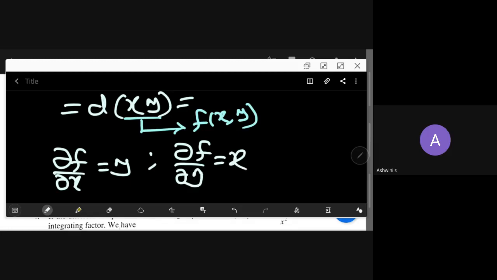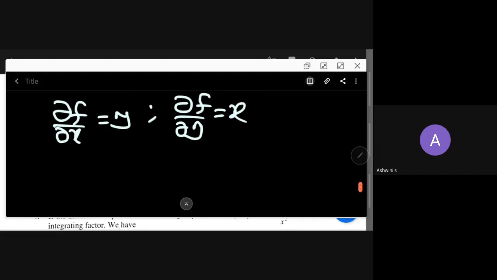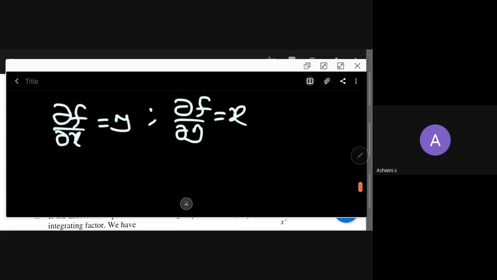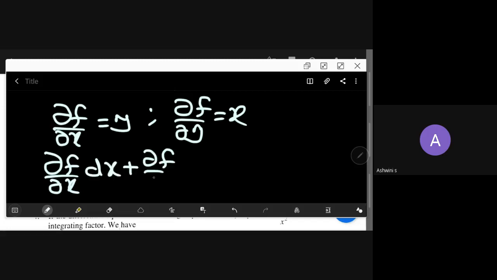So we are talking about ∂f/∂x into dx plus ∂f/∂y into dy. This is coming as y dx plus x dy.